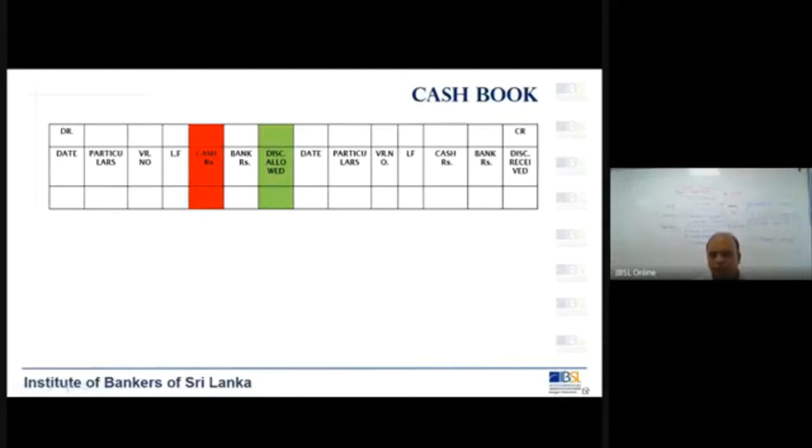Similarly, you will record the amount of discount that you have allowed, that is 137,500, in the column that I have marked in green.